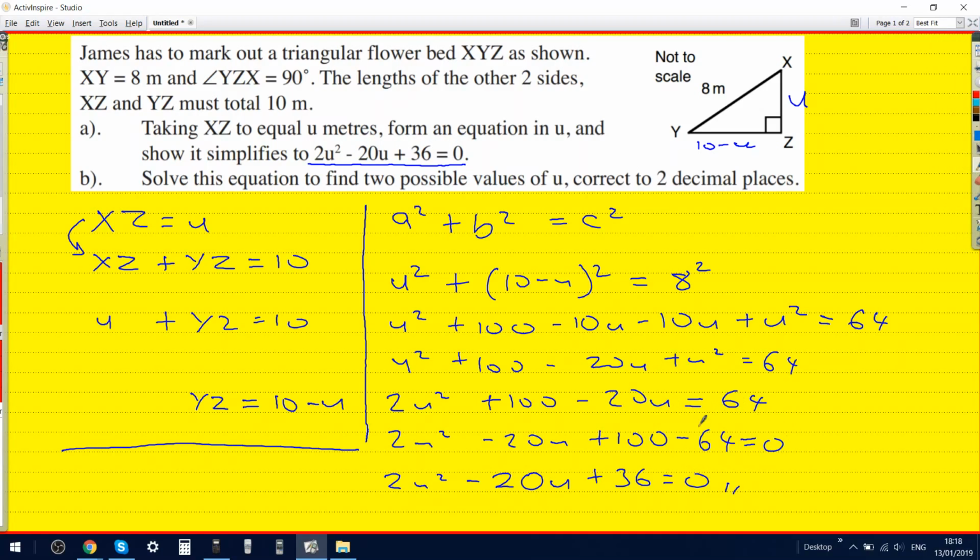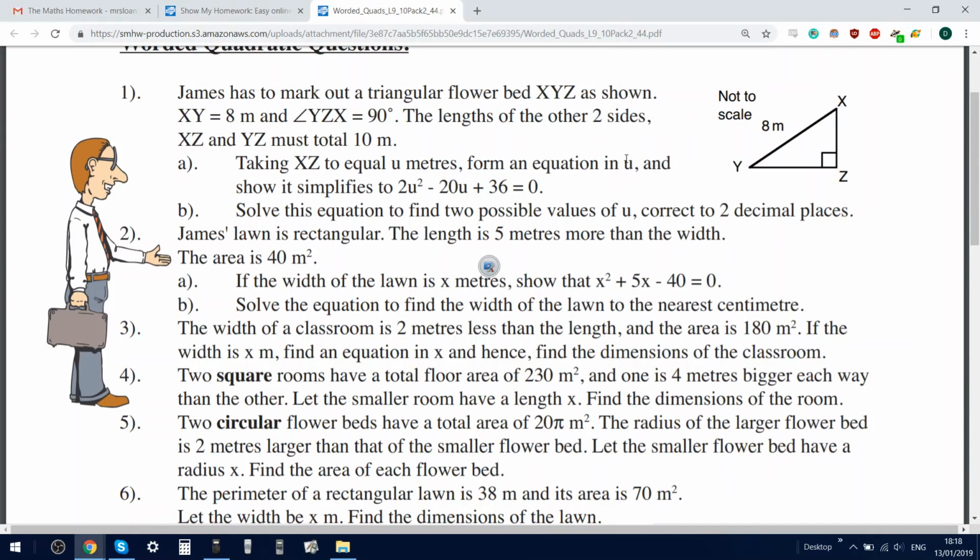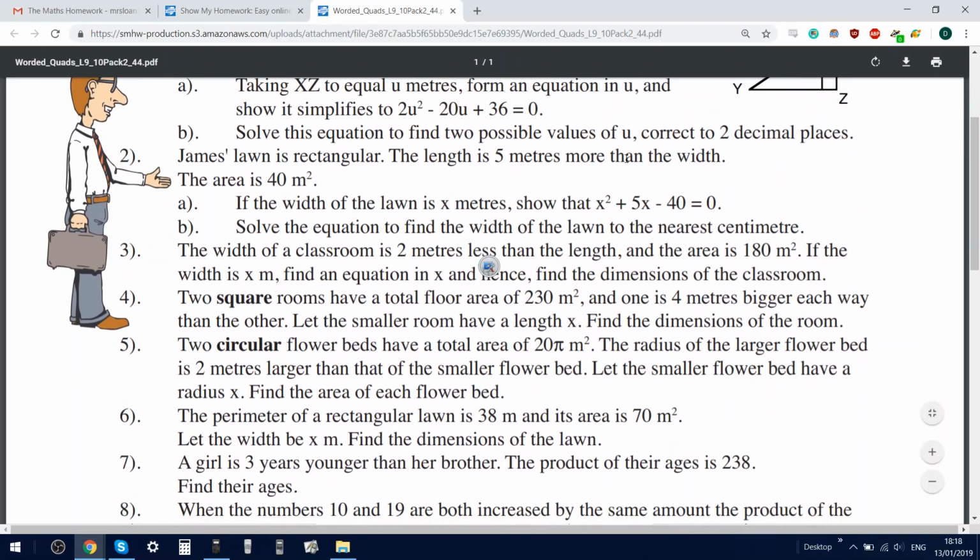So you just minused the 64, and 100 minus 64 is 36, and that fully completed part A. And then they said part B, you now solve it. So for these, you first construct the equation in part A, and then in part B, you solve the equation. So part A squared plus B squared equals C squared was still part A. Yeah, that was part of part A.